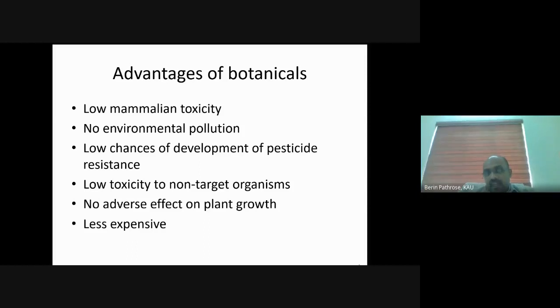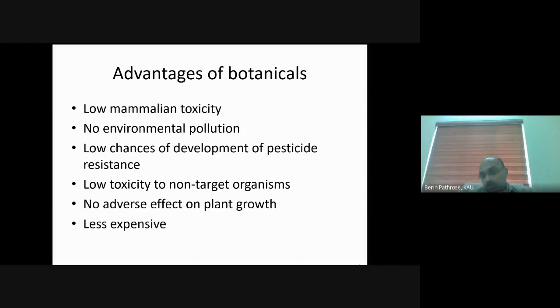So the chances of resistance to a botanical which contains innumerable pesticidal molecules are extremely low, and the toxicity to non-target organisms is extremely low.